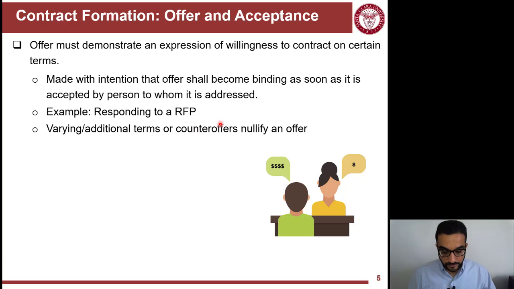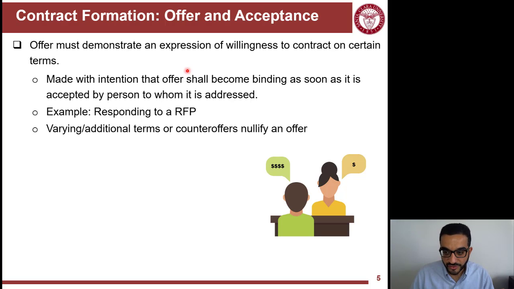Now, when you offer a contract, it demonstrates the expression of willingness to contract in certain terms. So, if you offer a contract, this is showing a commitment. And if this offer is accepted, you're legally bound to respect the offer that you made.